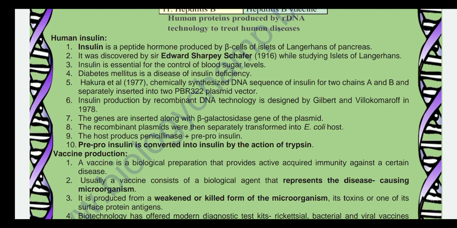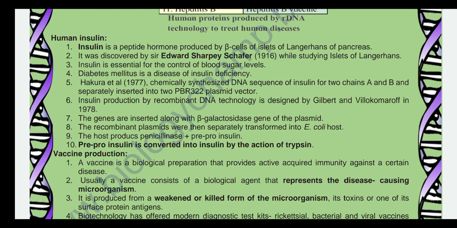So Hacker et al. chemically synthesized DNA sequence of insulin for two chains A and B and separately inserted them into two pBR322 plasmid vectors. Means separately pBR322 vectors are taken and the two chains A and B are inserted into separate plasmids.